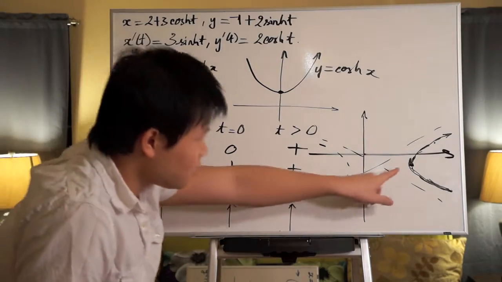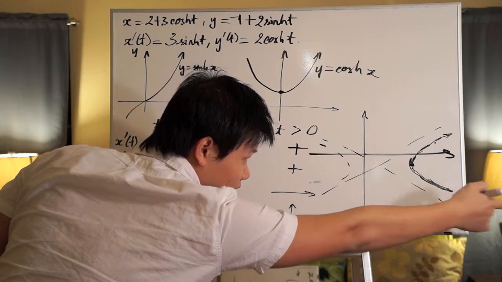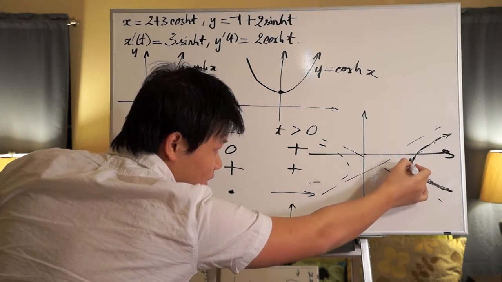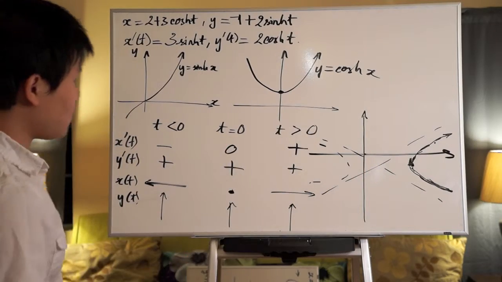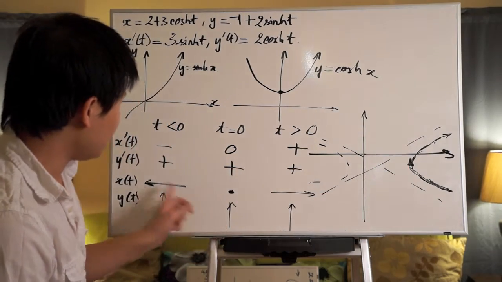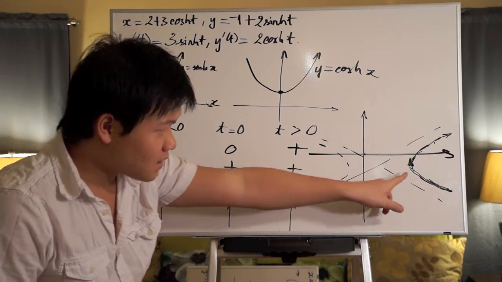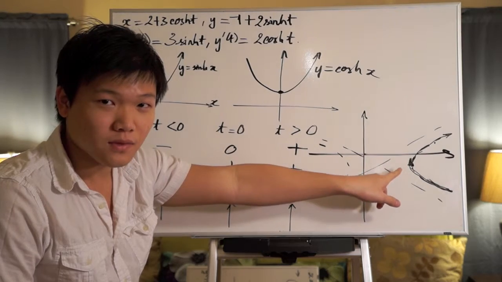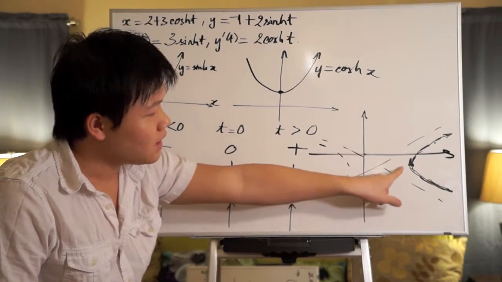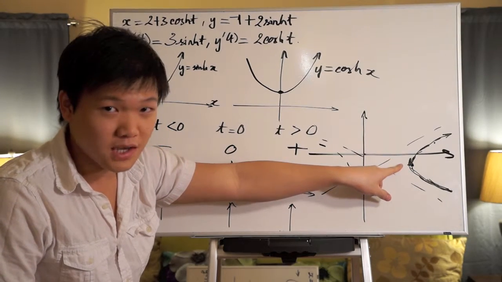Until it reaches a point, so in other words, from negative infinity, you keep going like this along the asymptote, and then it reaches this point, sort of the origin or something, and then this point is where it stops. The horizontal component stops moving, meaning that it's about to change its direction horizontally. See, the vertical is still going up, but the horizontal direction is about to change, right?